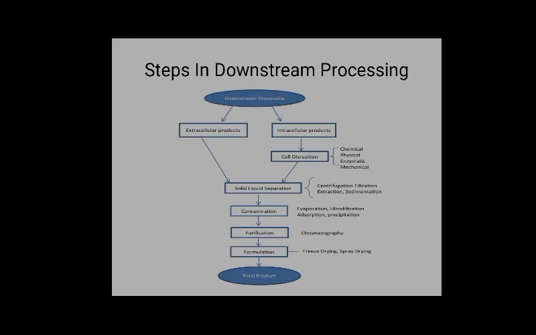So in case the product is an extracellular product, then we can directly go to the solid liquid separation stage. If the product is an intracellular product, that is it is within the cell membrane structure or cell wall structure, then we have to lyse the cell or disrupt the cell membrane or the cell wall structure so that the product is released.